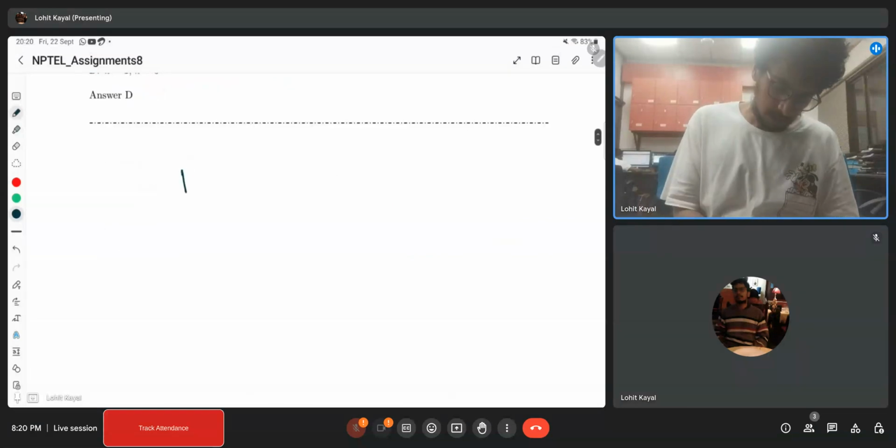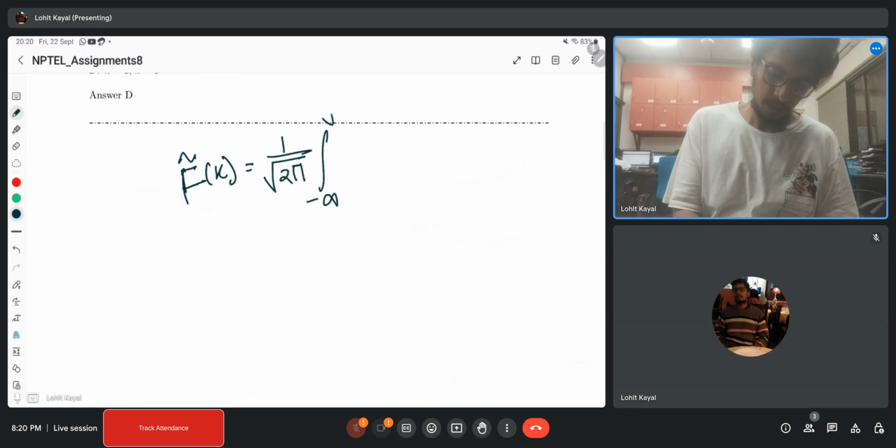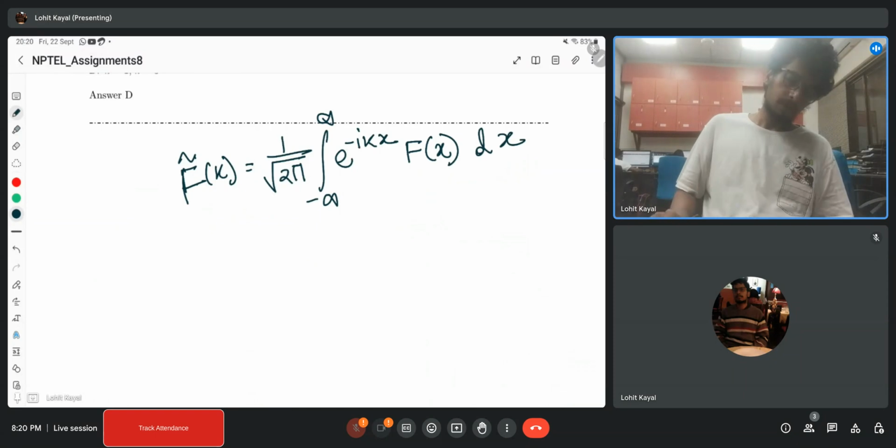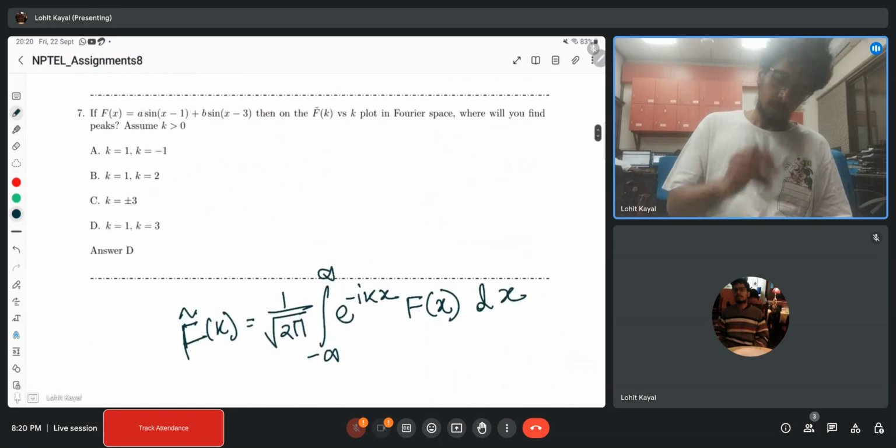So what is f tilde of k? It will be 1 by square root 2 pi, integral from minus infinity to infinity, e to the power minus i k x, f(x) dx.